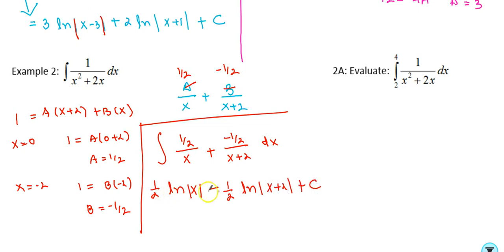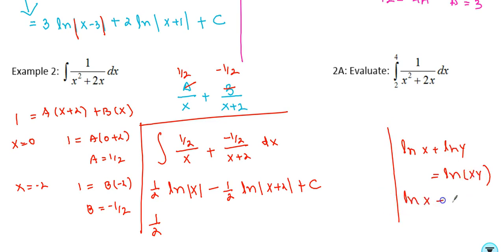Now here I would like to review the properties of log. A quick review of log properties: ln x plus ln y is a product. And if I have ln x minus ln y, then it is a quotient. These are pre-calculus properties of log.